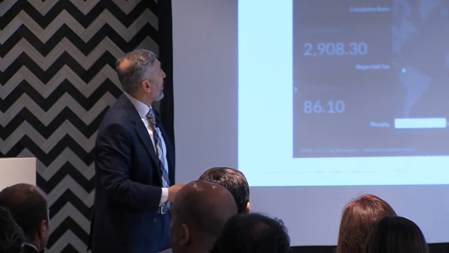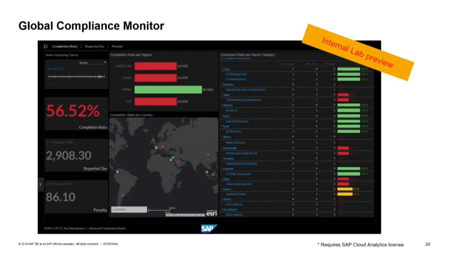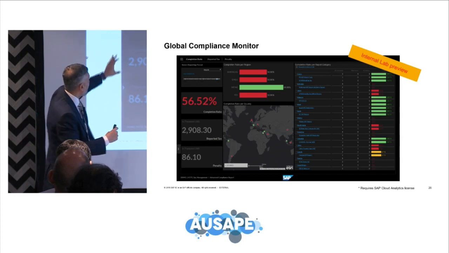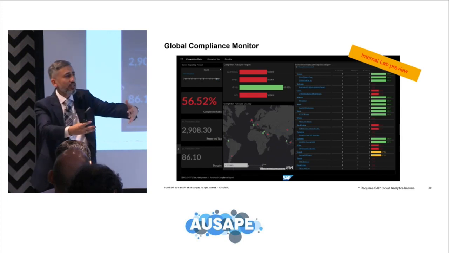And we also have what we call the global compliance monitor. This is something yet to come, so with a lot of disclaimers. But it's a complete dashboard. Sorry, it's a little bit dark here. I don't know about the projector. It's not just the Fiori user interface where you have the tiles to run reports, but you can even start using a compliance monitor that shows you, behind these KPIs, the legal reports that you define.